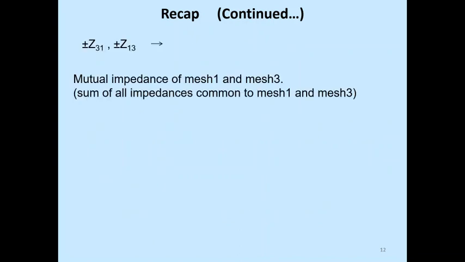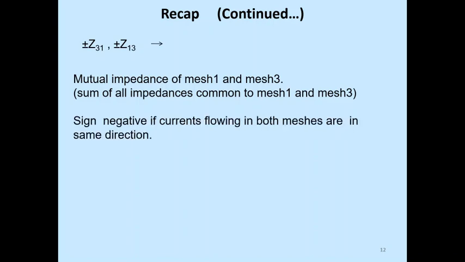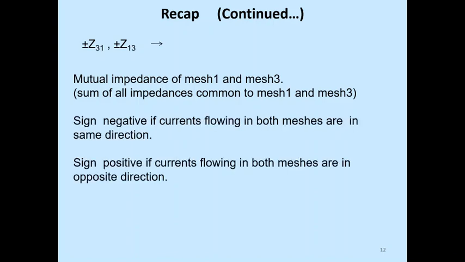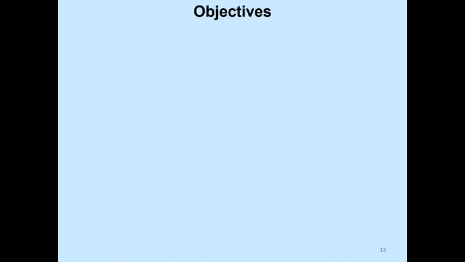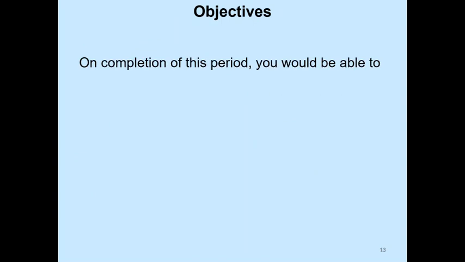Vice versa, Z31, Z13 is the mutual impedance of mesh 1 and mesh 3, with the same rule. This is what we discussed in the last class.